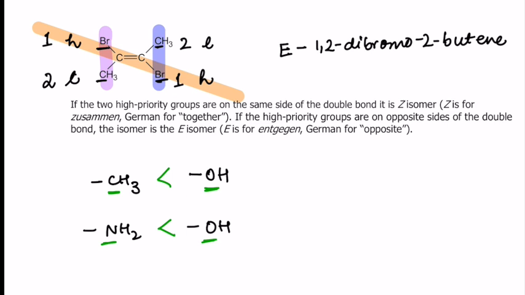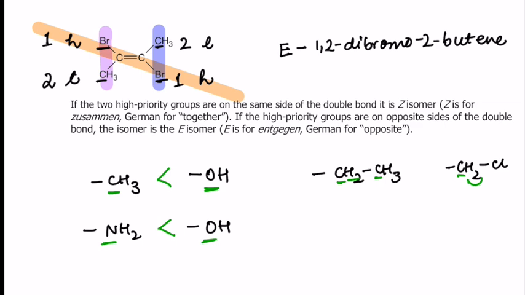If you had something like a CH2CH3 group on one side and on the other side, you had a CH2Cl group, then you would start with the carbon, they are the same, there is no difference. So, you move on. There are two hydrogens, no difference.